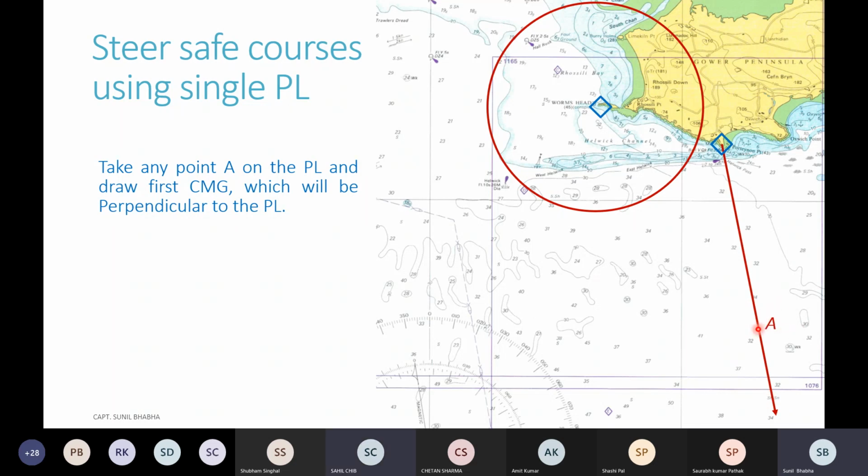Let's pick up this particular point here and we name that point as A. Now from this point A, we are going to draw our first course made good. The first course made good which we require, we are going to plot from this point A, which we have arbitrarily picked up. This could be any point on the initial PL of your choice.